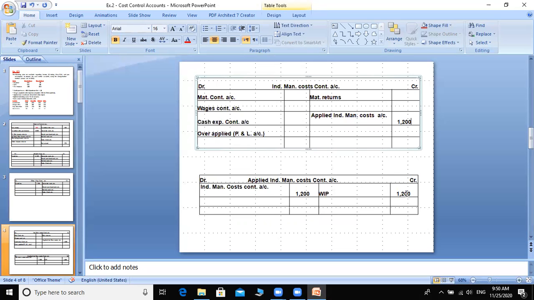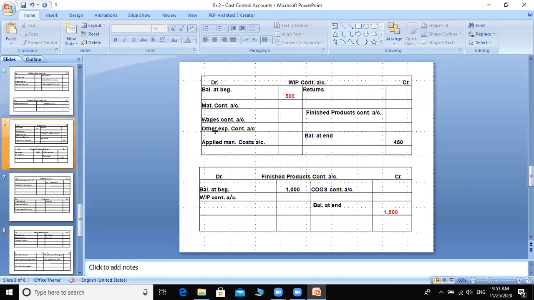So this one is debited and this one is credited. What about this? It will be recorded in the work in process in the debit side, because here it is in the credit side. So work in process in the debit side, I have applied manufacturing overhead to be recorded, 1,200.